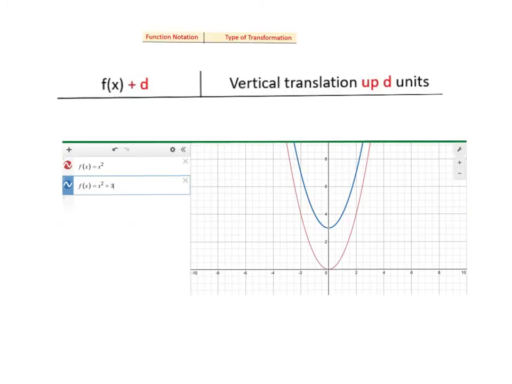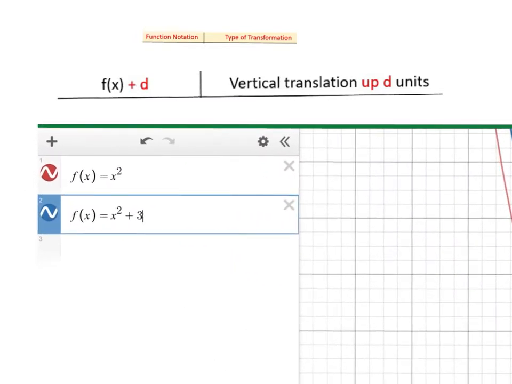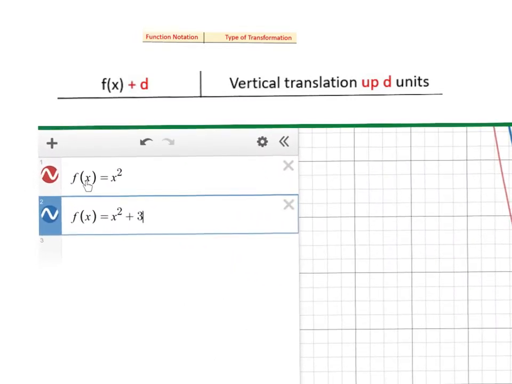So here's our first example. We have f of x plus d. Remember, our original quadratic is f of x equals x squared, or y equals x squared. Let me go ahead and zoom in on that. Well, what if we add a 3 to that x squared? So x squared plus 3.